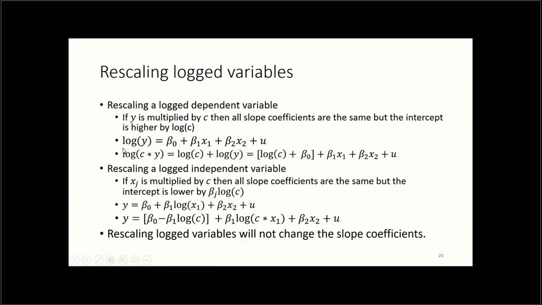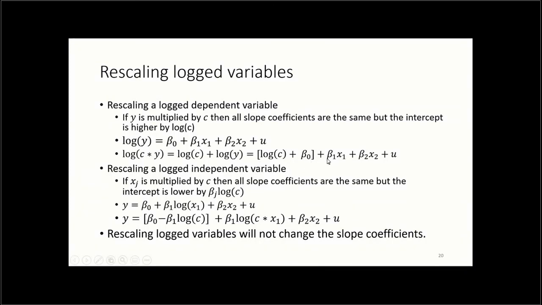If this is the dependent variable, log of y, and here we multiply y times c, say 1,000, by the properties of the log, log of two numbers multiplied together is the log of c plus the log of y. That's how logs operate. So in order to make this equation work, we would put here plus log of c as the intercept, and that's what would change.